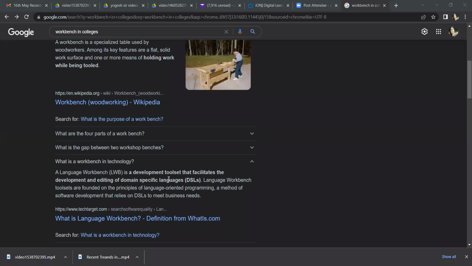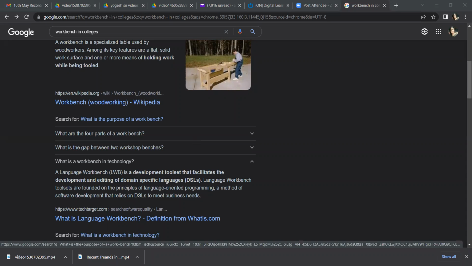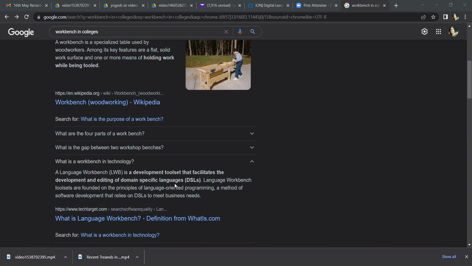It's a development tool set that facilitates, of course, here also you are going to convert into parts. So you require different tool sets for doing that. For language, it's a development tool set because you need to develop the language and its attributes, which facilitates the development and editing of domain specific languages.